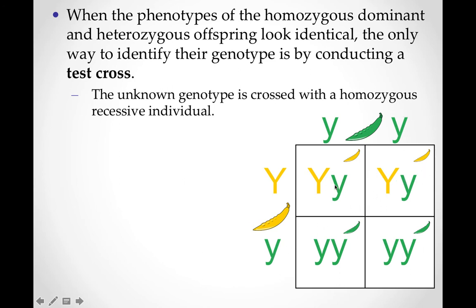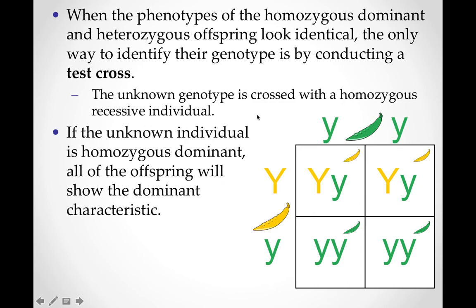But then down here, the mother gives the recessive and the father gives the recessive. That means that it is going to show up with the recessive trait. Same thing in this case. That tells us that the mother, or our unknown, was actually a heterozygous individual. So we know she wasn't part of the P generation. That was an F1 generation here.